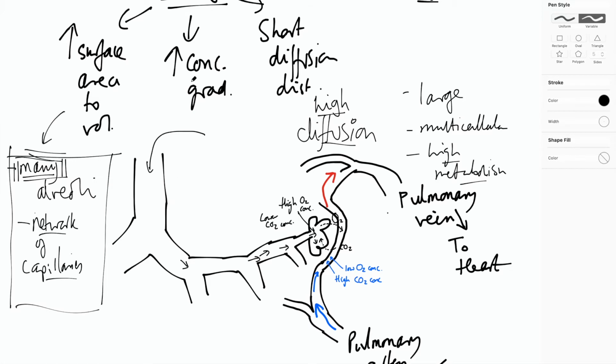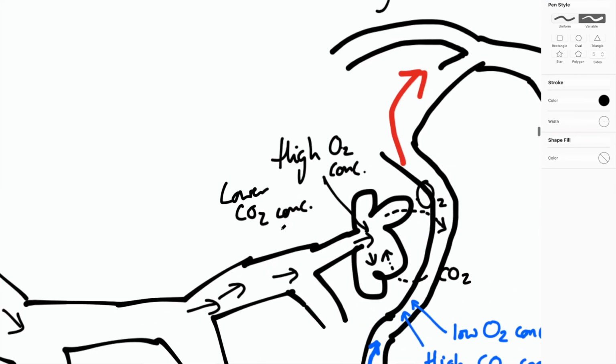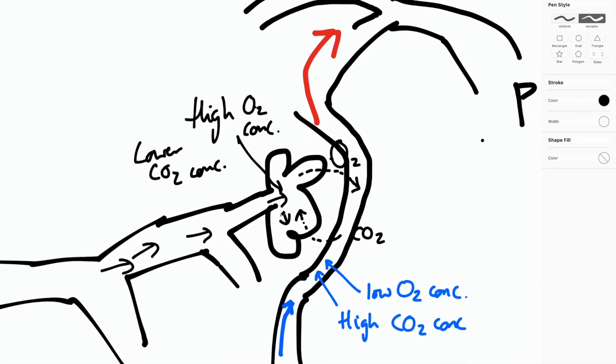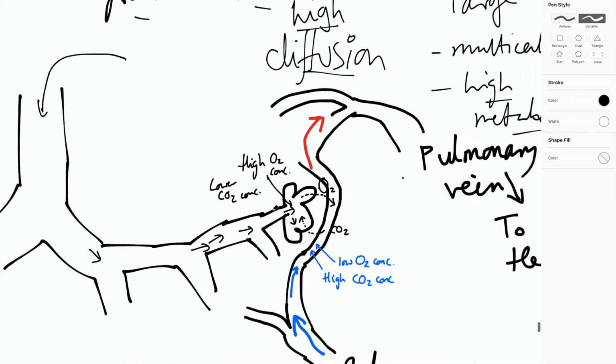Okay, next we'll go short diffusion distance, because the discussion about the concentration gradient is going to be a bit more involved. So the short diffusion distance, well, if we look at our alveolus, imagining we have our alveolus there.